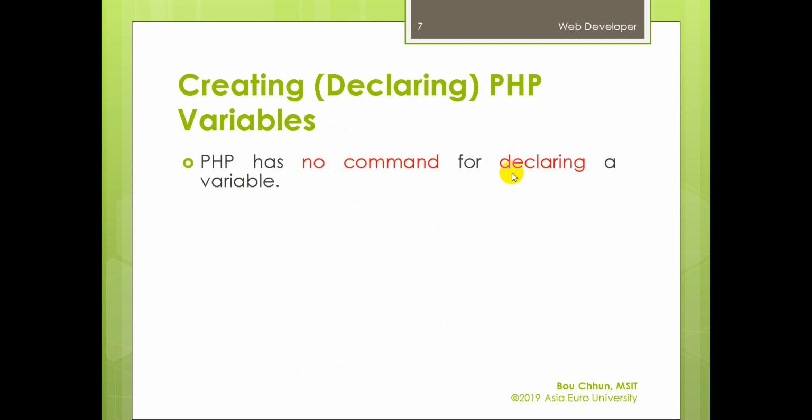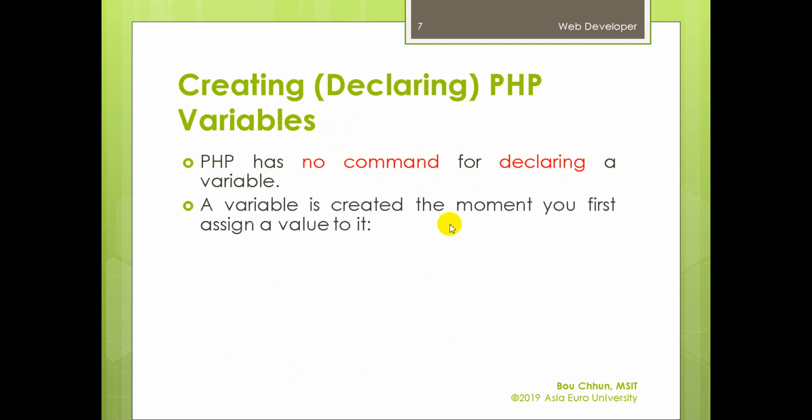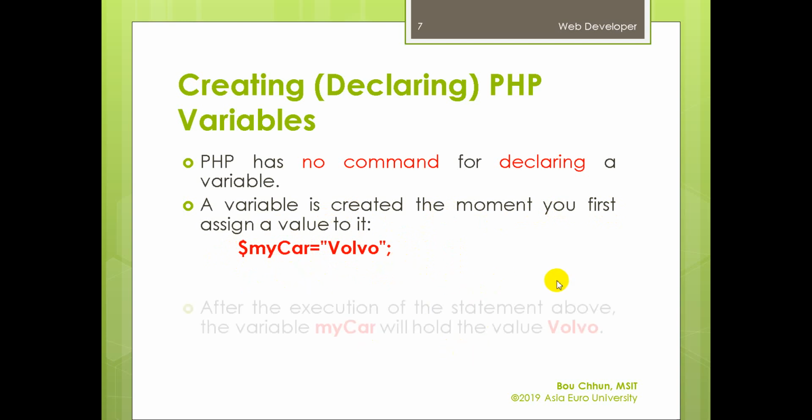And how to declare? PHP has no command for declaring a variable. A variable is created the moment you first assign a value to it. For example, when you assign the string Volvo to the variable my car, my car has a string data type.